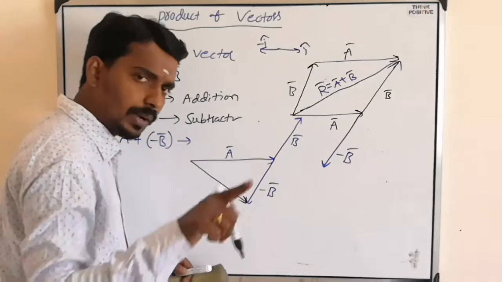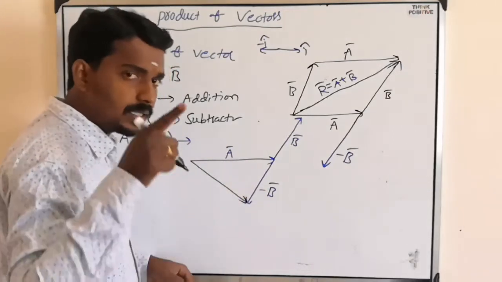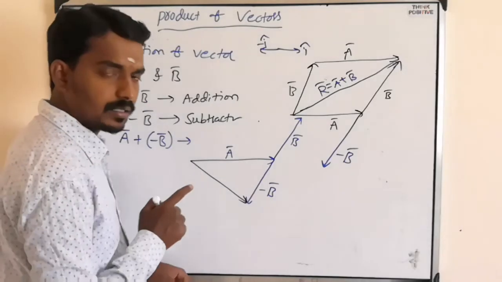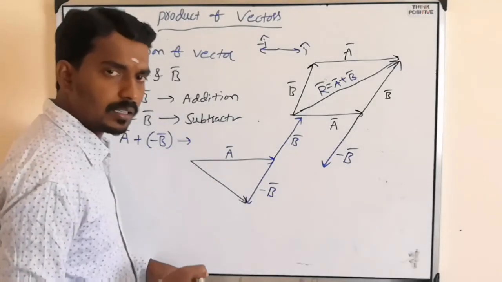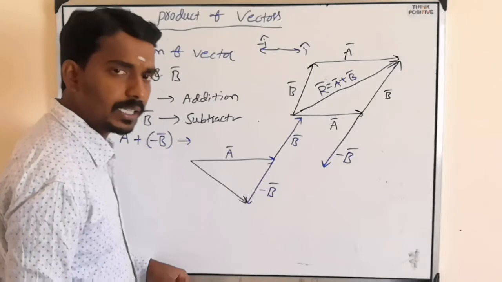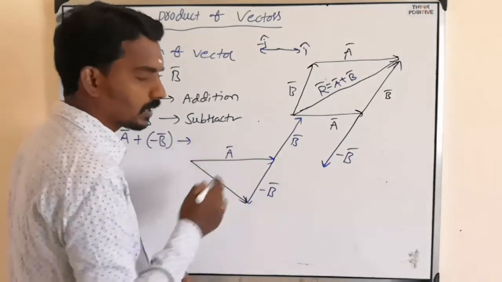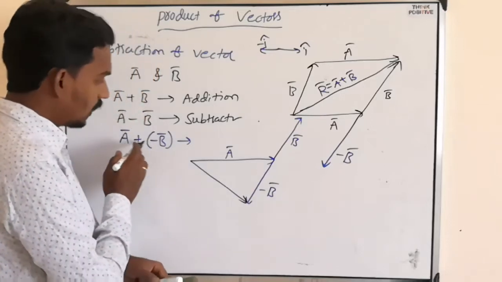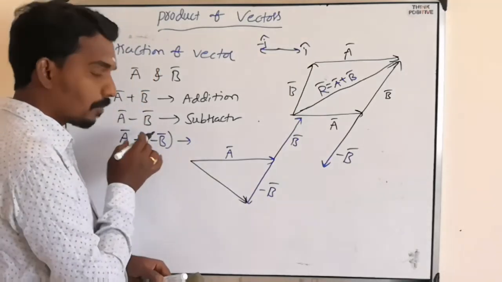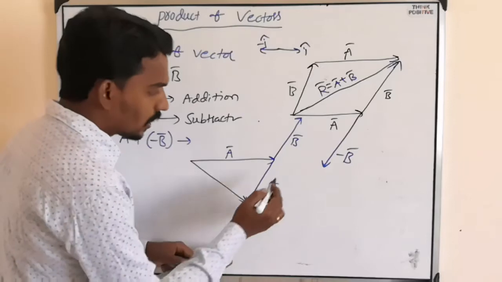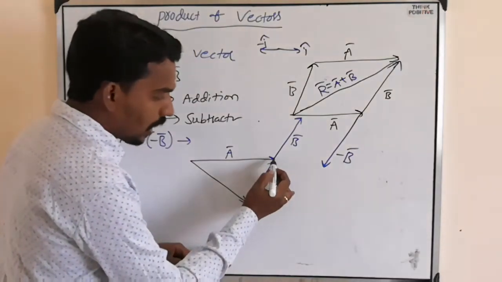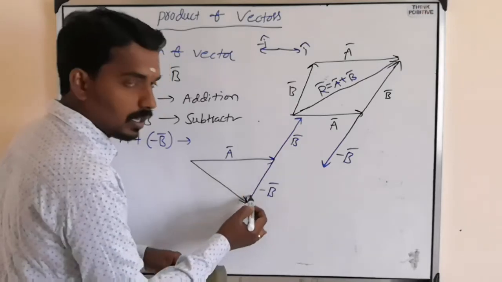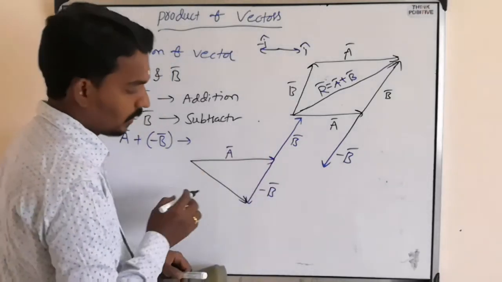Now A bar is one vector, minus B bar is also a vector. So when you want to add two vectors, how to add them? Using the triangular law of vector addition. Draw one vector, then draw the other vector. Here the other vector is not B bar, it is minus B bar, such that the final point of A bar and the initial point of minus B bar coincide.